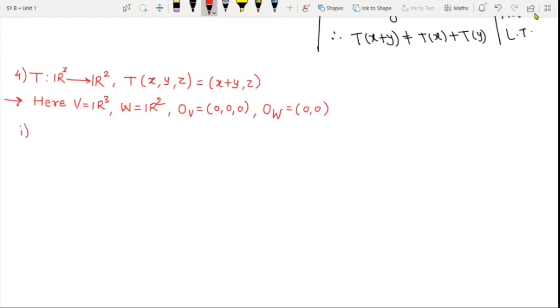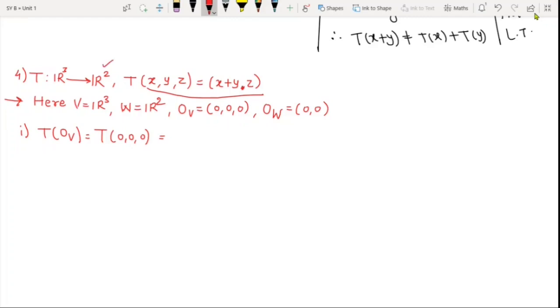So now first condition. We will check whether this T of 0 of V is mapped to 0 of W. So our 0 of V is actually (0, 0, 0). Now if we use this function, see how it is defined. T of (x, y, z) is mapped to, we have two coordinates as it is an element of R2.